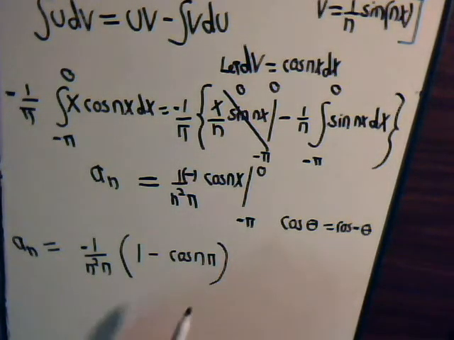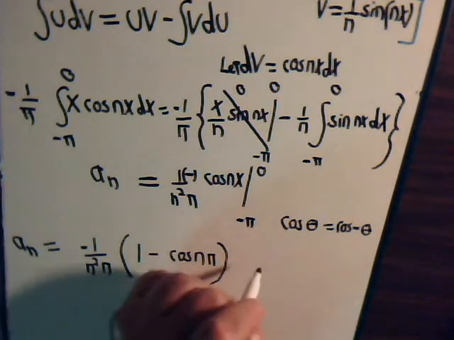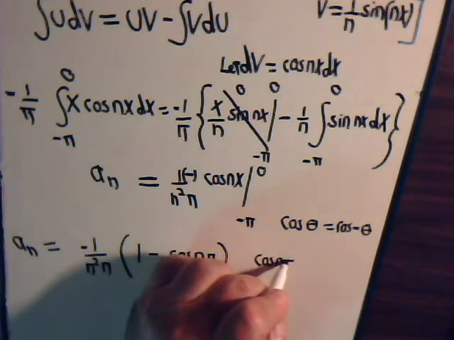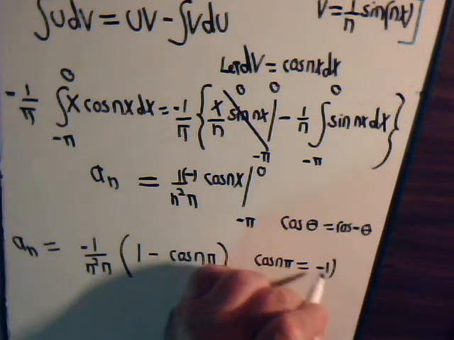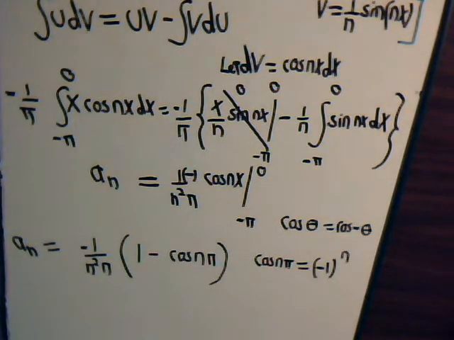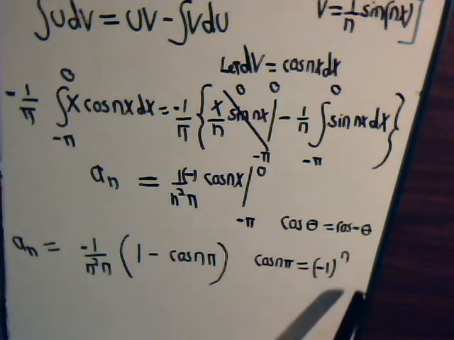And we encountered this expression in a previous video, cosine of n pi. That's minus 1 to the n power. Because when n is an odd number, the cosine of pi or the cosine of 3 pi or the cosine of 5 pi, that's negative 1.